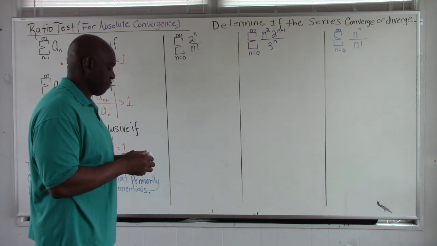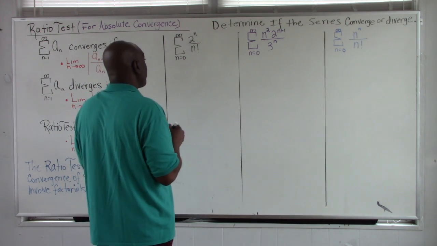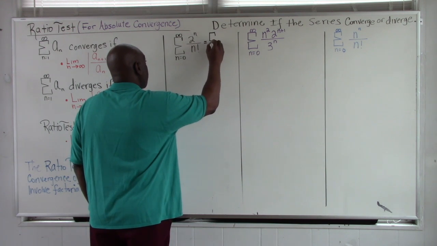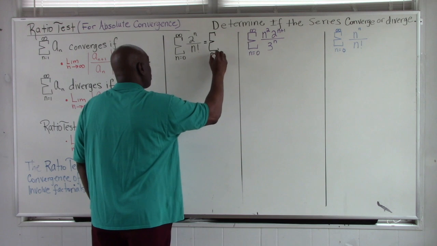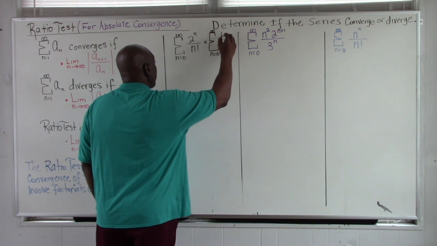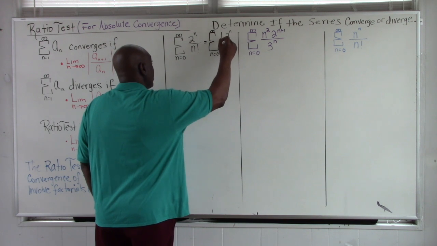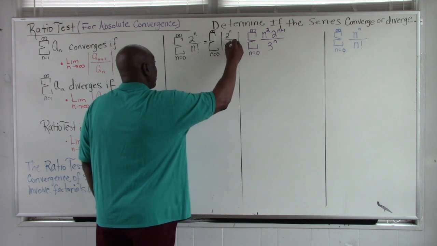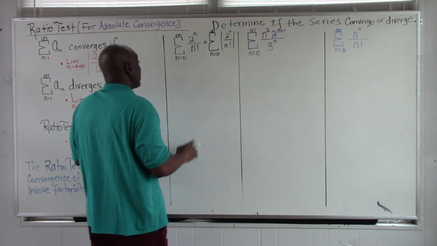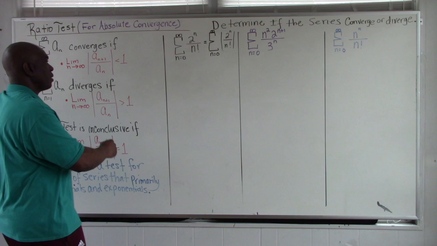So the first thing we want to do is look at the summation from n equals 0 to infinity of the absolute value of 2 to the n over n factorial. Now let's use this in terms of the ratio test. Let's see what we get.